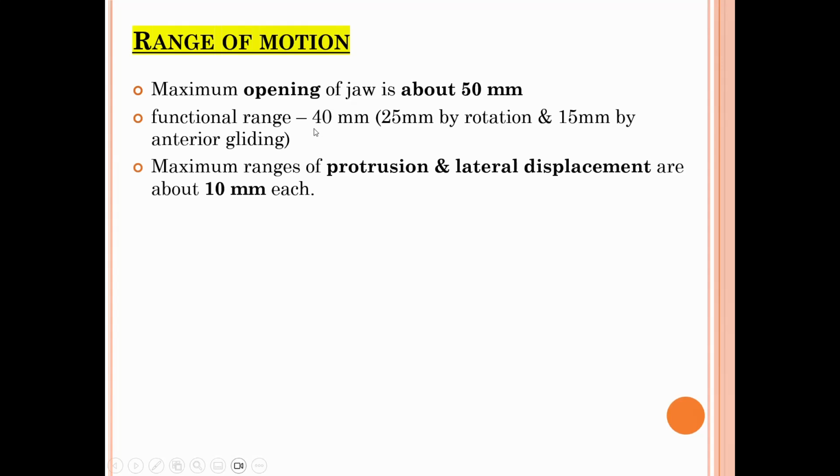Functional range is 40 millimeter only, 25 millimeter by rotation and 15 millimeter by anterior gliding. Maximum range of protrusion and lateral displacement are 10 millimeter each. Sometime later it might be asked in your NEET PG, but for UGs the range and all that will not be asked.